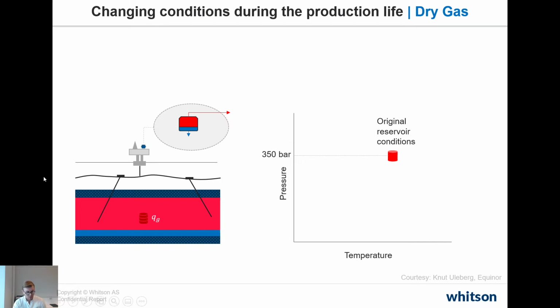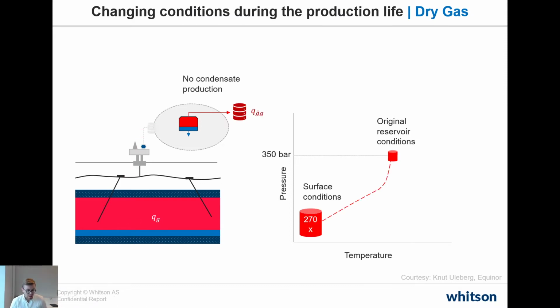So here there's essentially a cartoon to the left with some animations, and there's also a pressure temperature graph just to see where we're actually moving in this pressure temperature space as we produce. At the initial production, we're producing from this dry gas reservoir, we produce this barrel at surface, and it goes into a surface facility right here.